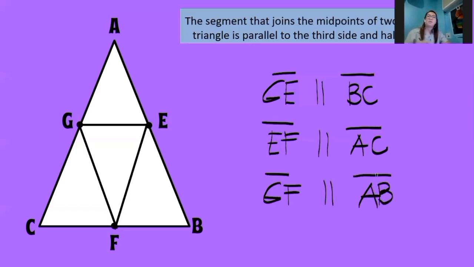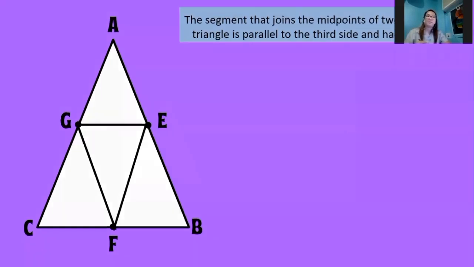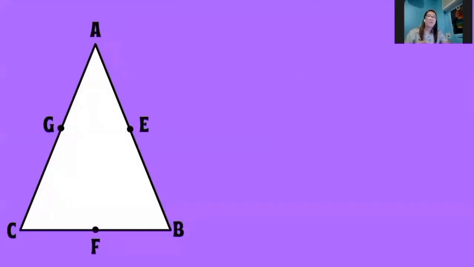This is what we mean by the definition of the midline theorem, that it is the segment that joins the midpoints of two sides of the triangle, and it is parallel to the third side. Okay? Now, it is also mentioned there that the length of the midline is half as long as the third side.